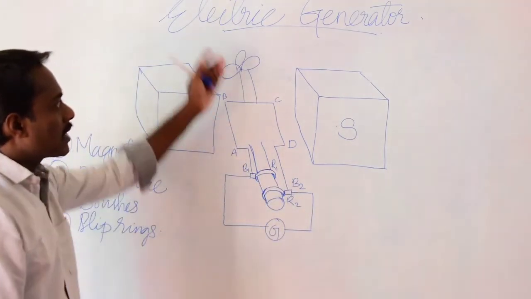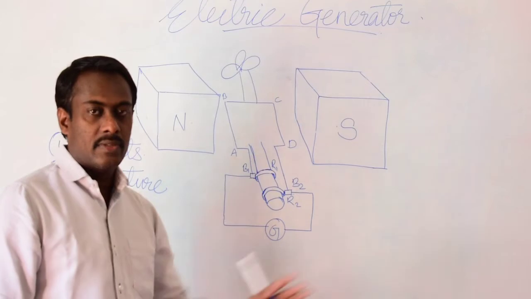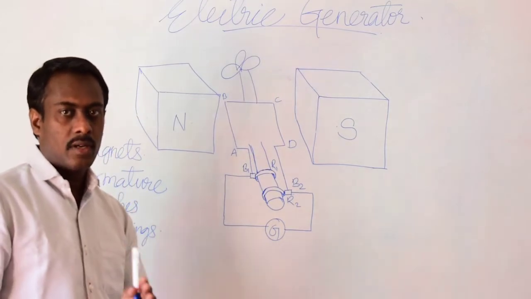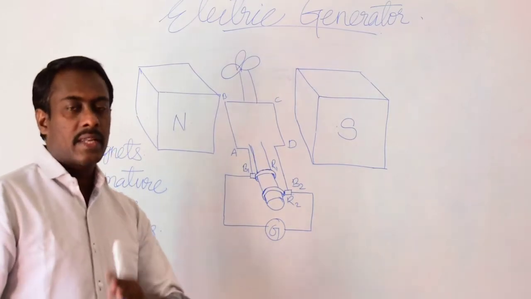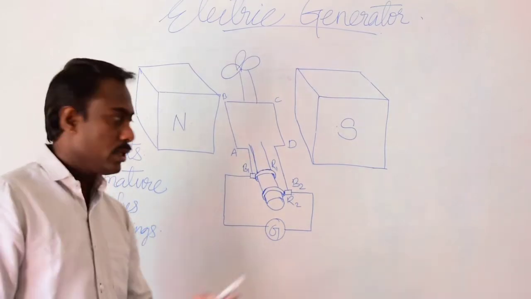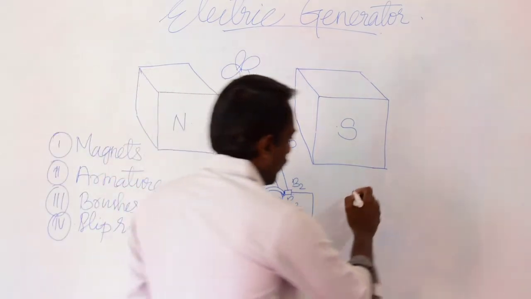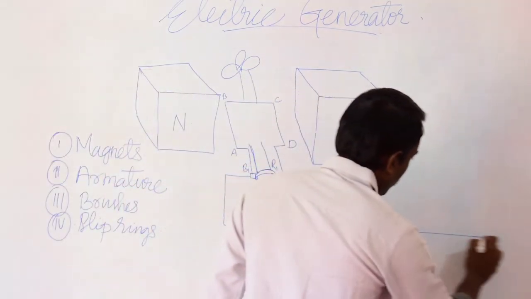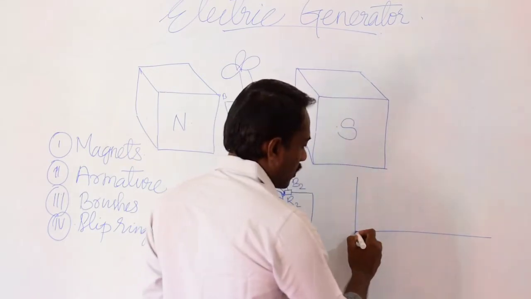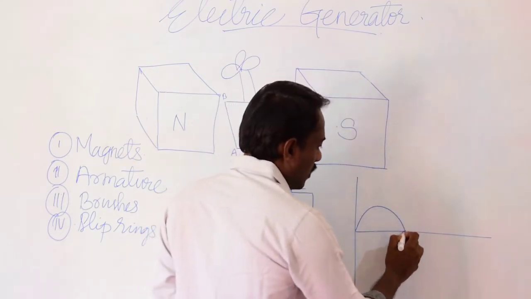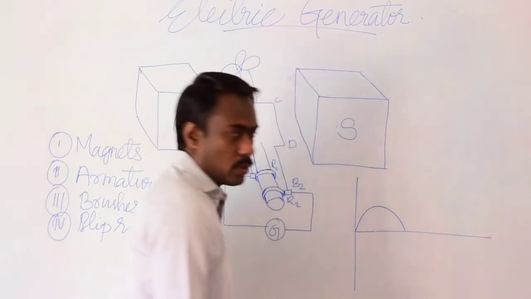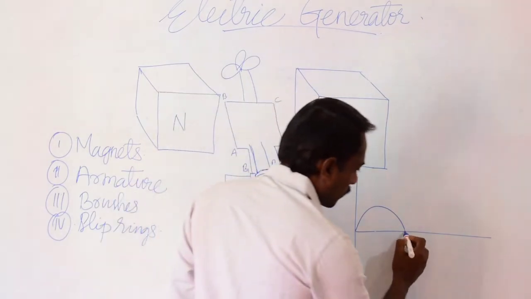So this is how the electric generator produces alternating current. That means each half rotation, the direction of the electric current induced in the circuit changes. And we have already seen that graphically. After the half rotation, this is the cycle produced, and likewise the next half.